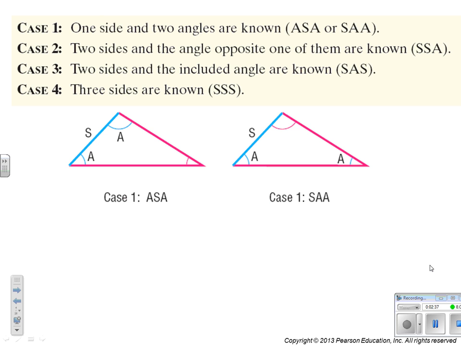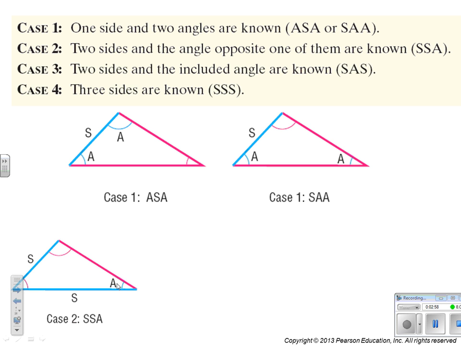So in case 1, we have 2 angles and an included side. For case 2, we have 2 angles and a not included side. Oh, that's still case 1. Case 2, we have 2 sides and a not included angle.